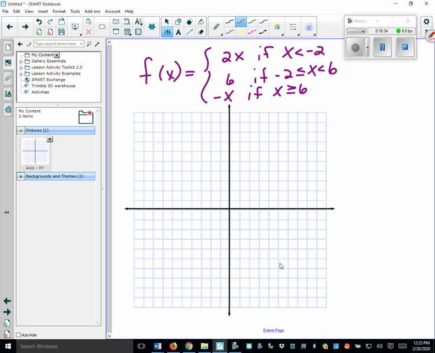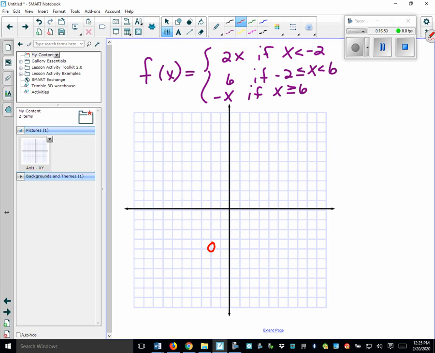Let's plug -2 in the top equation. Do I get -4? It's not, because it's an open circle. I have to know where the end of that piece is. That seems tricky.